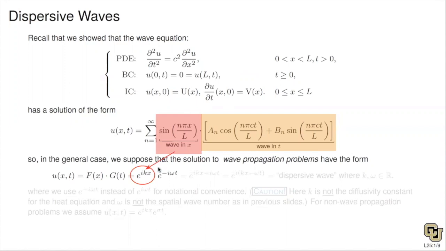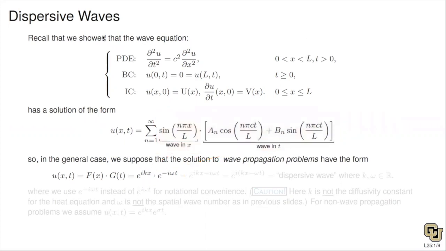And again, think of this as a wave. Think of this as cosine omega t minus i sine omega t. And this is a wave in t, inspired by the wave that I have in the t variable that comes up from the formal solution of our wave equation. And so we say, okay, let's write it as an x wave times a t wave.